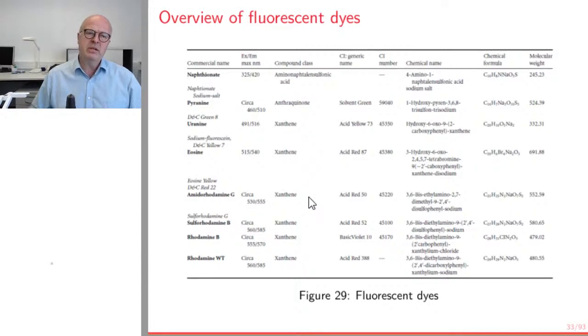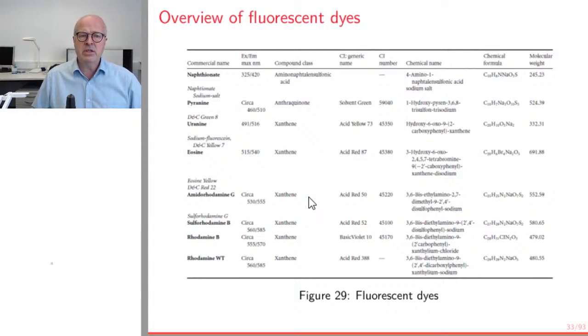Now, this unique combination of the excitation wavelength on the one hand and the emission wavelength on the other hand makes the measurement of fluorescent dyes so nice and easy, because you just need a light source of 325, and actually you will only activate naphthenate and not other tracers. And you need a sensor that has a window or filter of like 415 to 425 nanometers, and it will only see naphthenate.